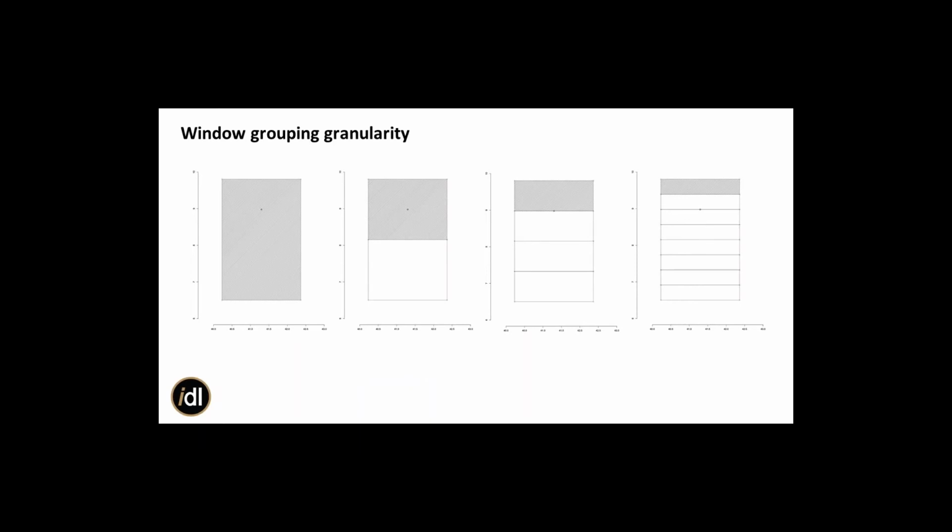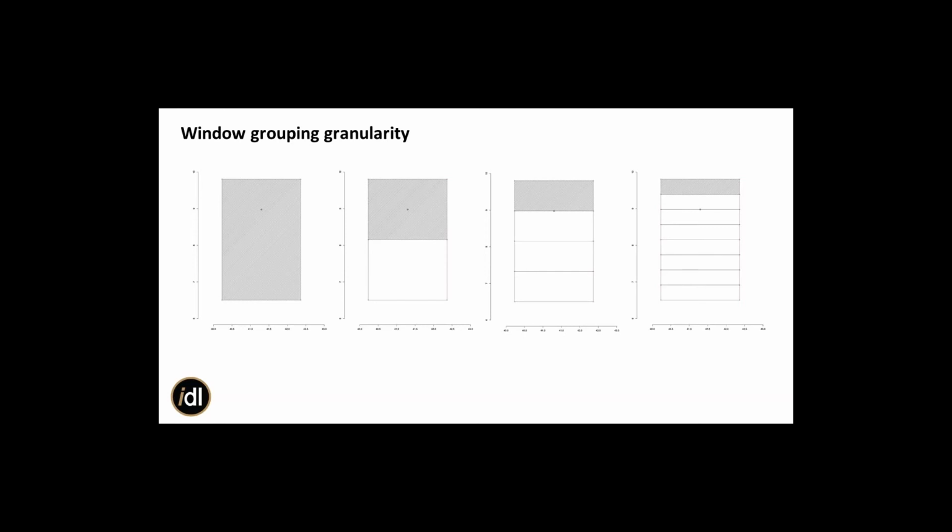Okay, so another issue that we run into is window grouping granularity. We set up our window groups as they would be set up in an energy model, which is usually just window per window. But if we want to take into account something like a shading material which isn't slat-based, where it's how far up or how far down you're lowering it, then we have to start subdividing our geometry, right? 1/2, 4, 8.